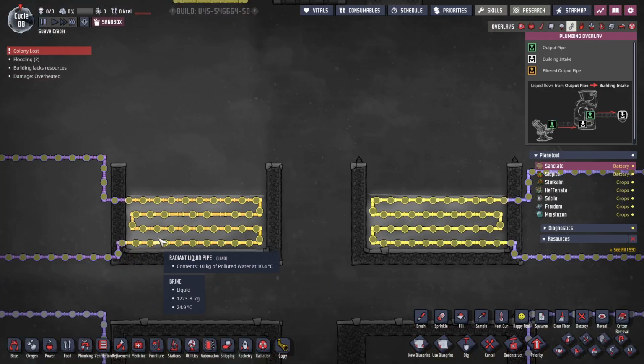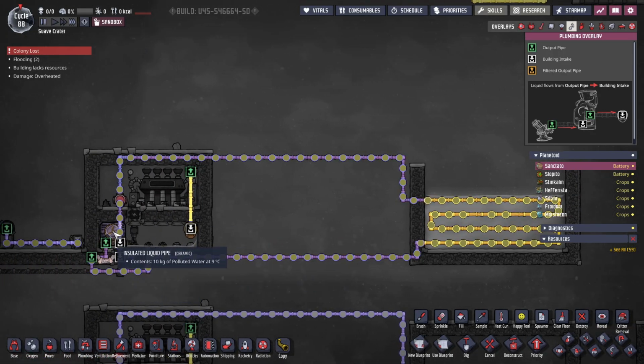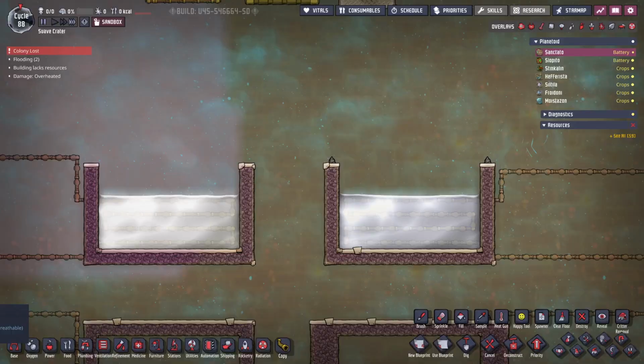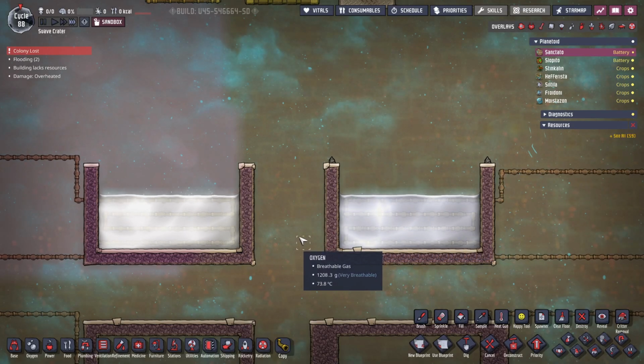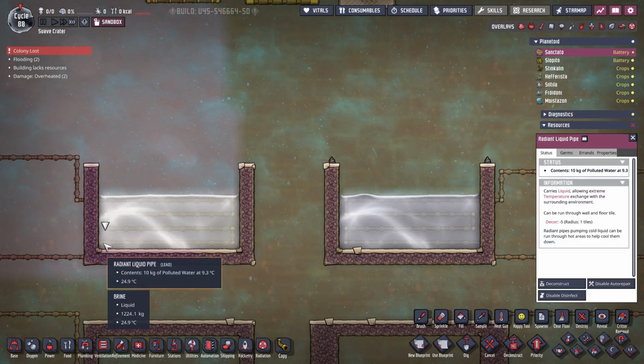In order to do that, I'm going to use polluted water in both of these tanks in order to cool down these two liquids. And this polluted water will be cooled down by an aqua tuner here and another one here on the right. We can see that both the brine and the salt water are at 25 degrees. So now I'm going to restart the game and we will see which one cools down the fastest.